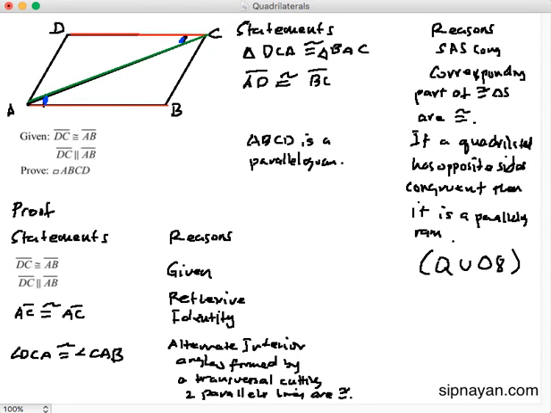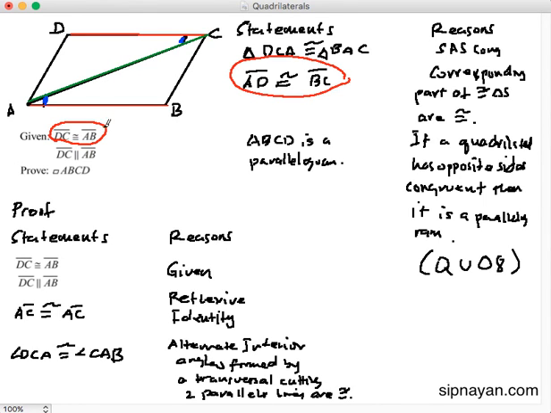Saan natin yung napakita? Una, yung ating given. One of the given. Tapos sa final, ipakita natin that ito at saka ito ay congruent then AD at saka BC.